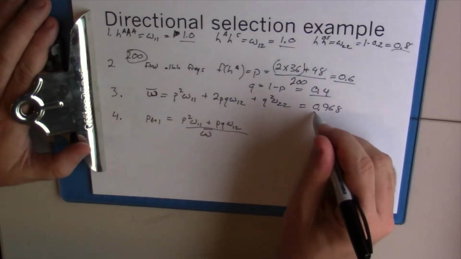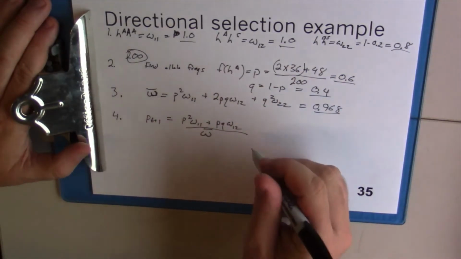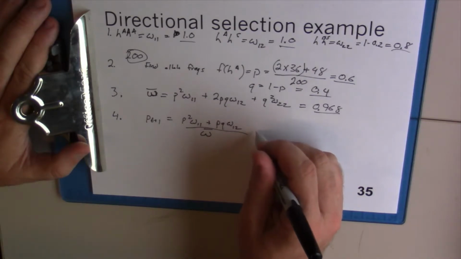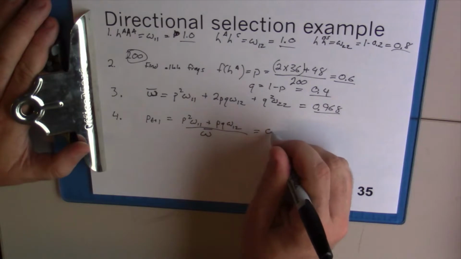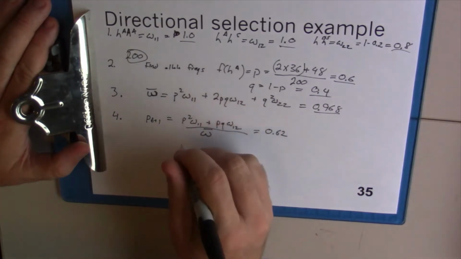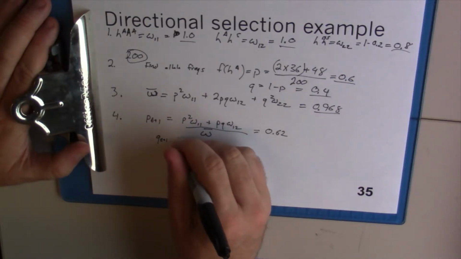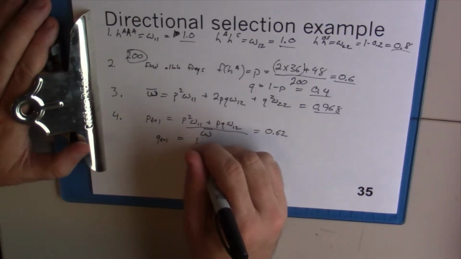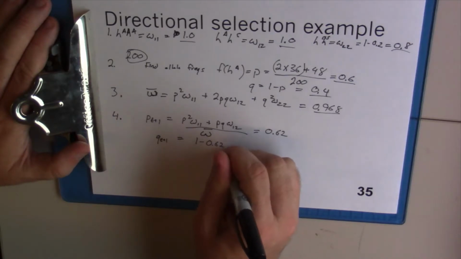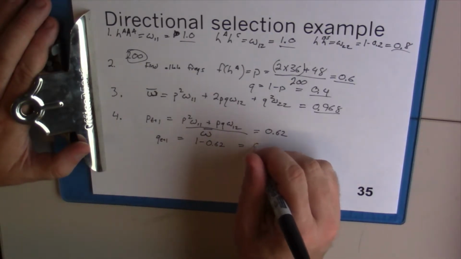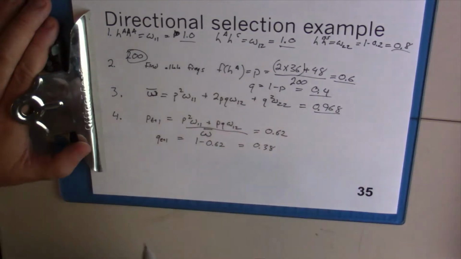And if we plug in the mean fitness as well as all the other values that we already have for each fitness and for p and q in the previous generation, we get 0.62. And q in the next generation is therefore equal to 1 minus 0.62, or 0.38.